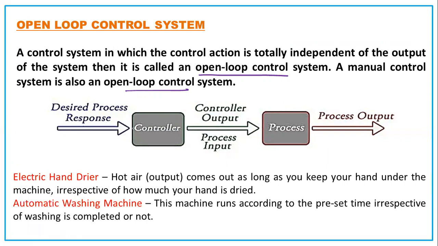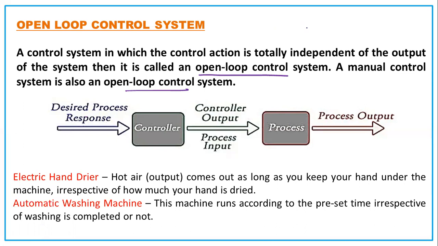Before going to that, you see a desired process response. We are giving it to the controller, and the controller output is coming. That controller output is given to the process. The process can be cooling, like a refrigerator, or heating, like a heater. So the process can be anything. The controller output is given to the process, and we are getting the process output.